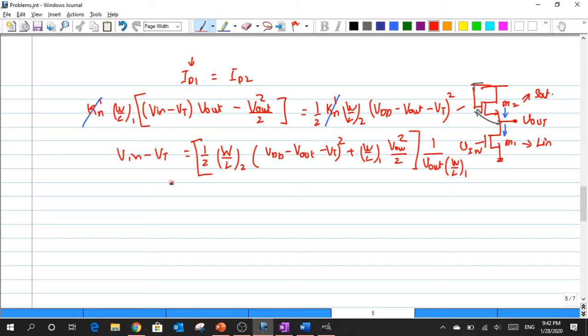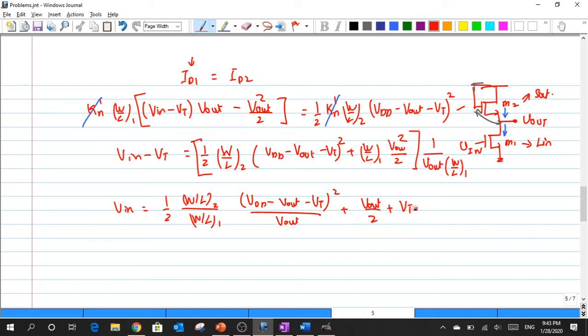After doing all this math, you end up having an expression of Vn, which is defined as something like half W by L of 2 divided by W by L of 1, and then VDD minus V out minus Vt the whole square divided by V out, and V out by 2.